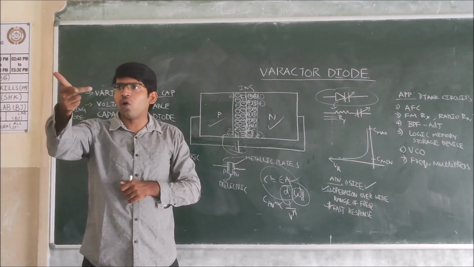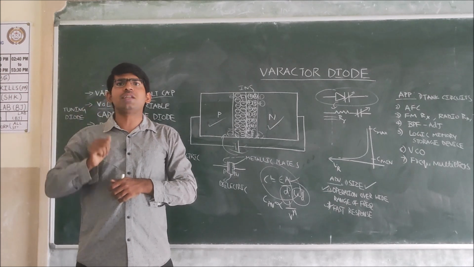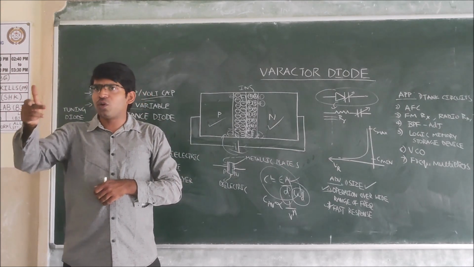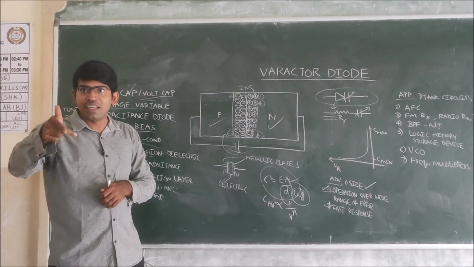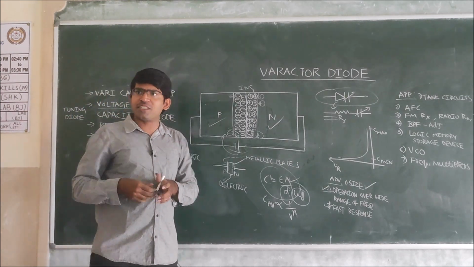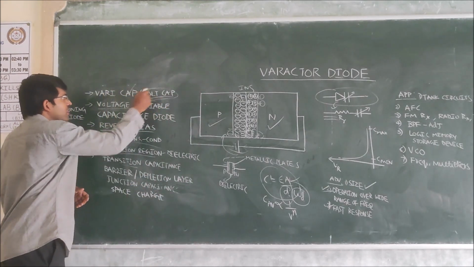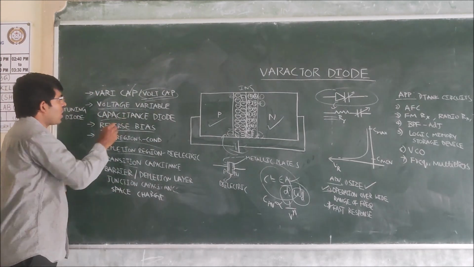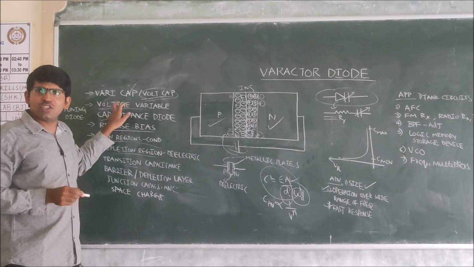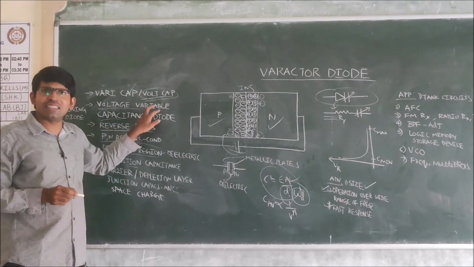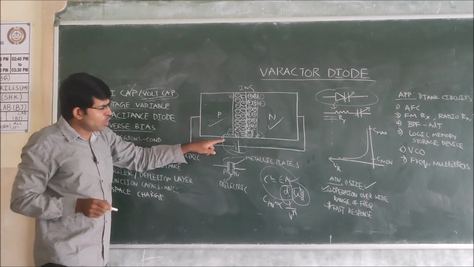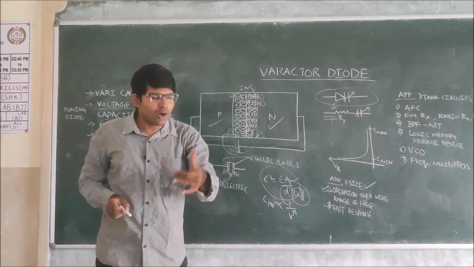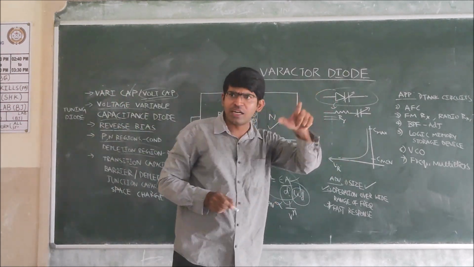The more reverse voltage you are giving, the minimum capacitance you are getting. The change of the voltage is affecting the capacitance. Voltage is affecting the capacitance. That's why we are calling this a volt cap. And we are also calling this a voltage variable capacitance diode.